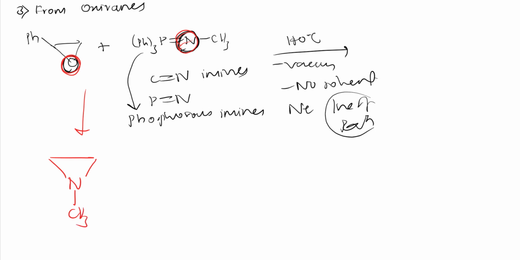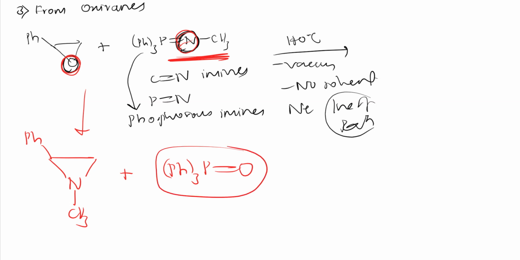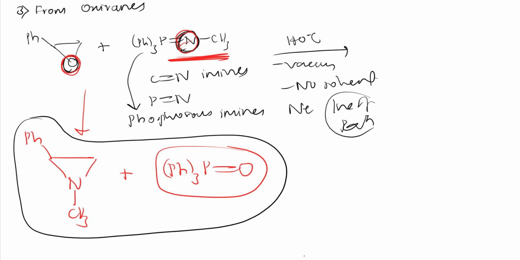See here, this hydrogen is attached to CH3, and other things remain as they are. Plus here PH3 and P double bond O, everything will be the same, just NCH3 and oxygen were replaced, right? This is how you can remember. The mechanism even in the book they have not given, right? So this is the thing you have to remember like this only, right?